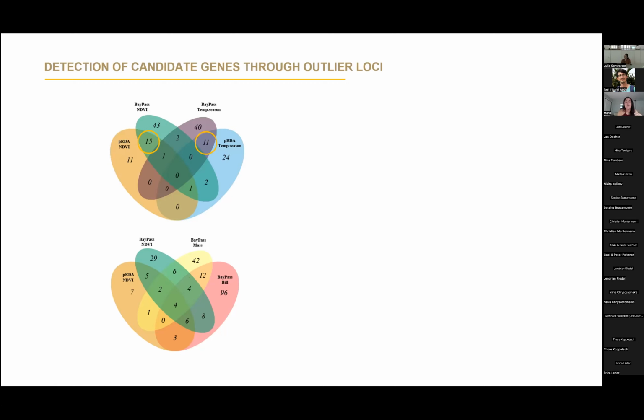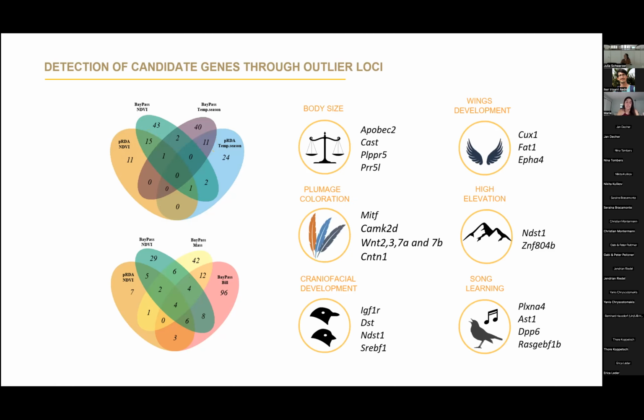And interestingly, among those candidates, we identified genes related to the phenotypic differences that we found among habitats. For instance, we have genes related to body size, wing development, plumage coloration, and craniofacial development. And we also identified genes that have been shown to be related to adaptation to high elevation and song learning.